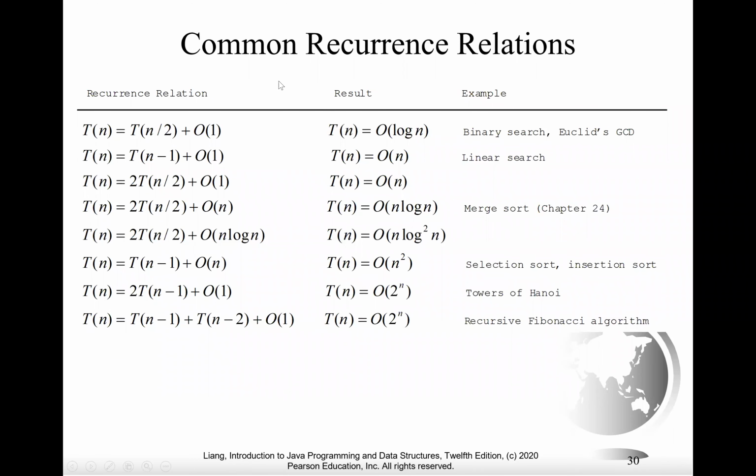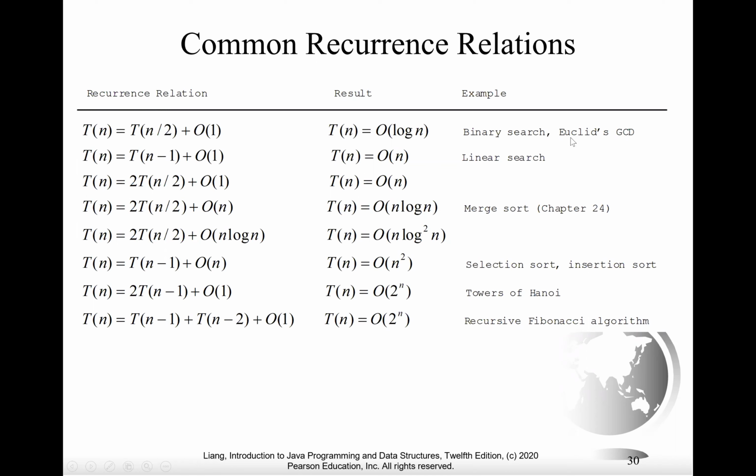Now, these are the common recurrence relations. We have already encountered some, and we will use others in future examples. Here is the recurrence relationship. If you have this T(n), the time complexity for the input of size n, reduced to half plus a constant time, the overall time is going to be order of log n, like binary search.